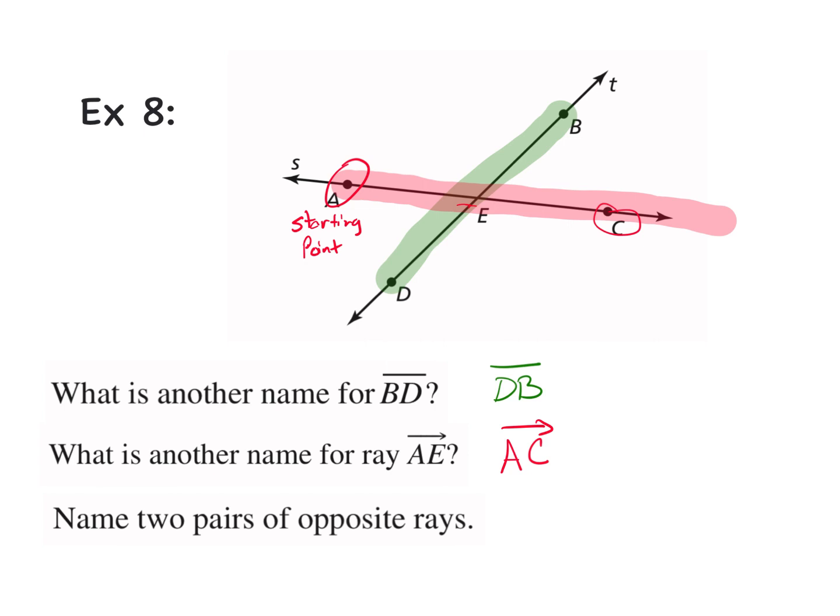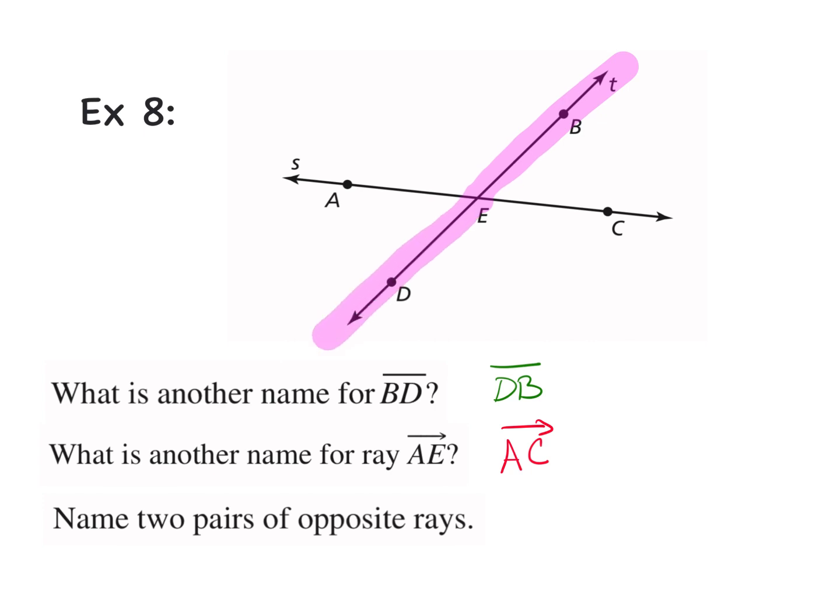Now it says name 2 pairs of opposite rays, and I'm going to clean this up just so I can highlight a little more. Okay. So remember, an opposite ray is going to look like a line, but it's going to have 3 points, and we start with that middle point. So I can start with point E, and I can go that way, and then I can start with point E, and I can go that way.